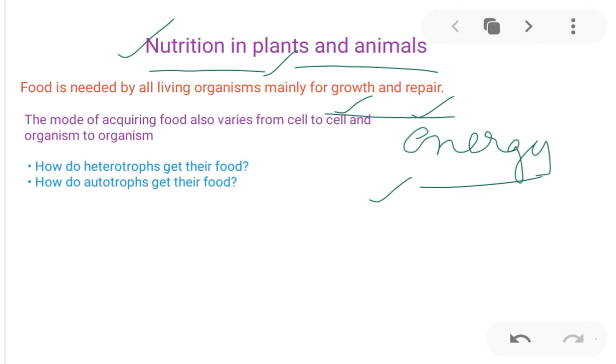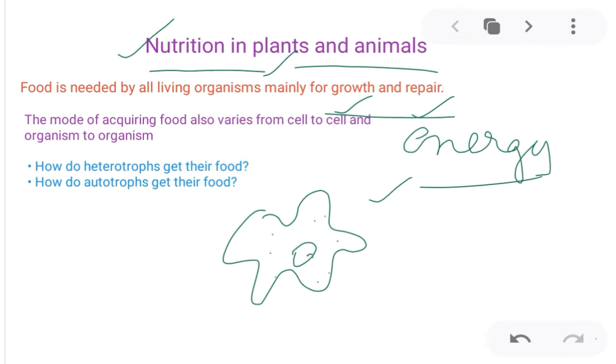A large variety of substances are taken as food, from single-celled organisms like amoeba to complex multicellular organisms like the human body, right? Many varieties of substances can be taken as food by different types of organisms. Suppose you take amoeba. So what is amoeba? Amoeba is a unicellular organism, irregular in shape, which belongs to the protozoan category, right?